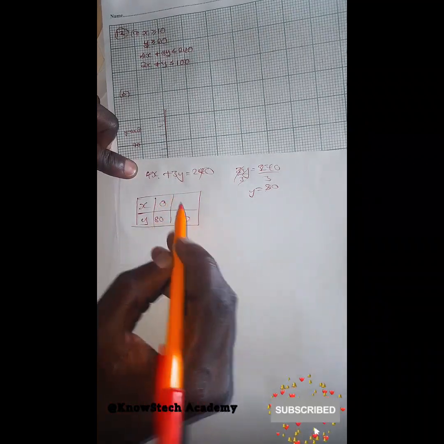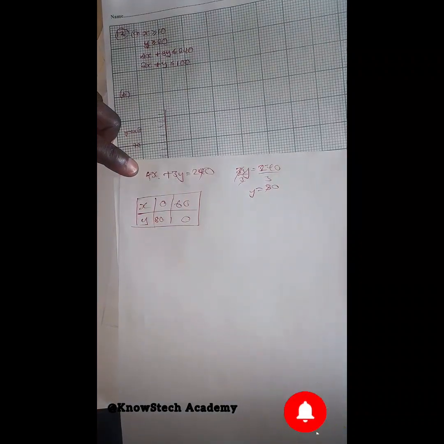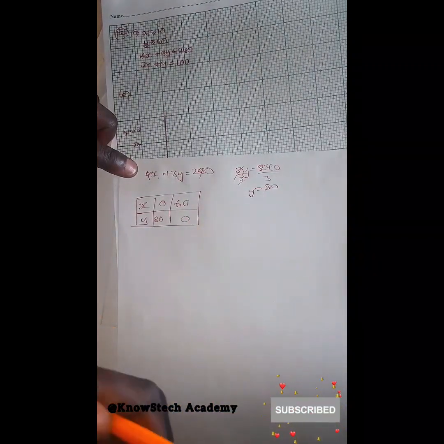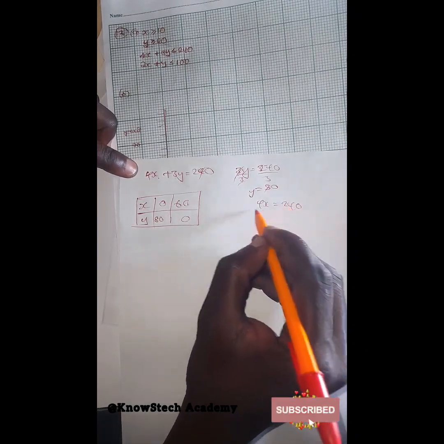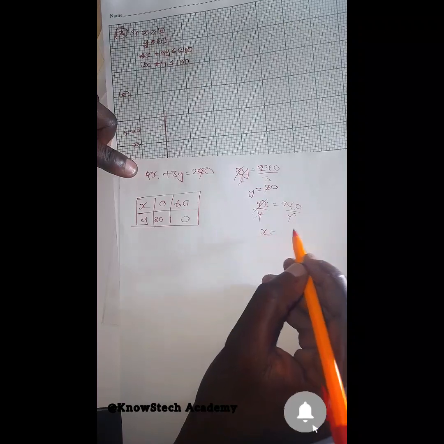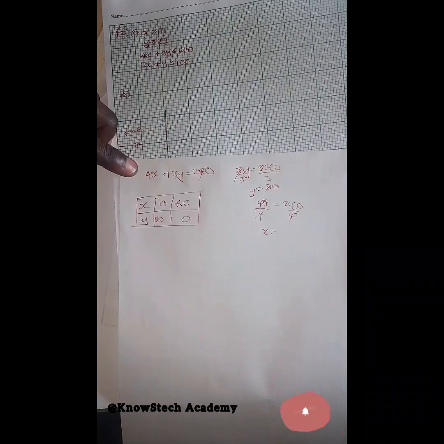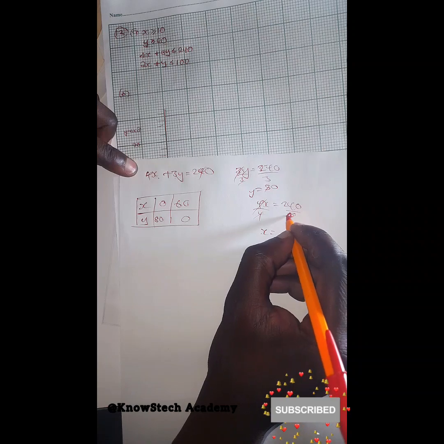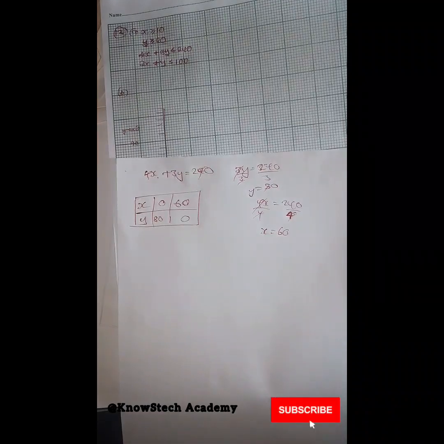So when y is 0, 4x is equal to 240, so x is 240 over 4, which is 60, because 4 into 24 is 6 times. So this is 60. Then we just plot these coordinates here.